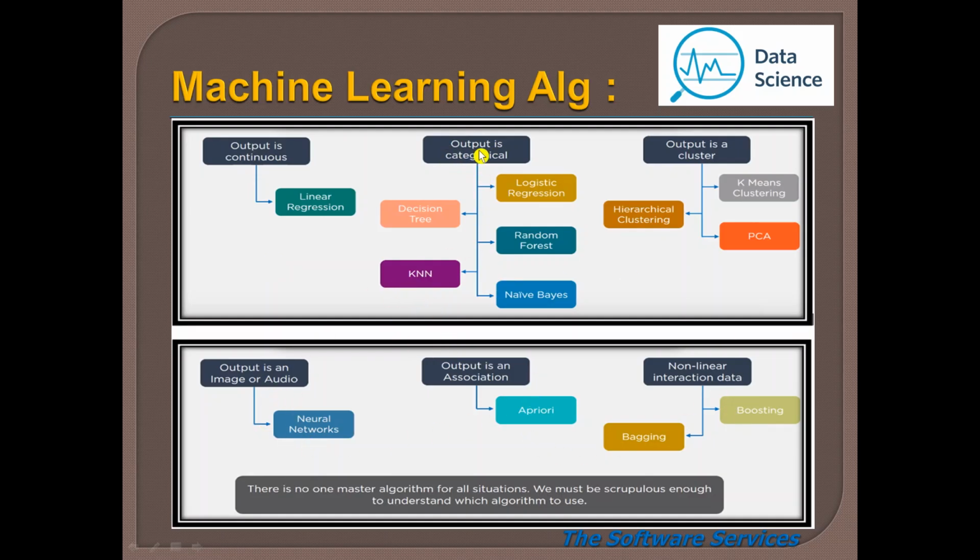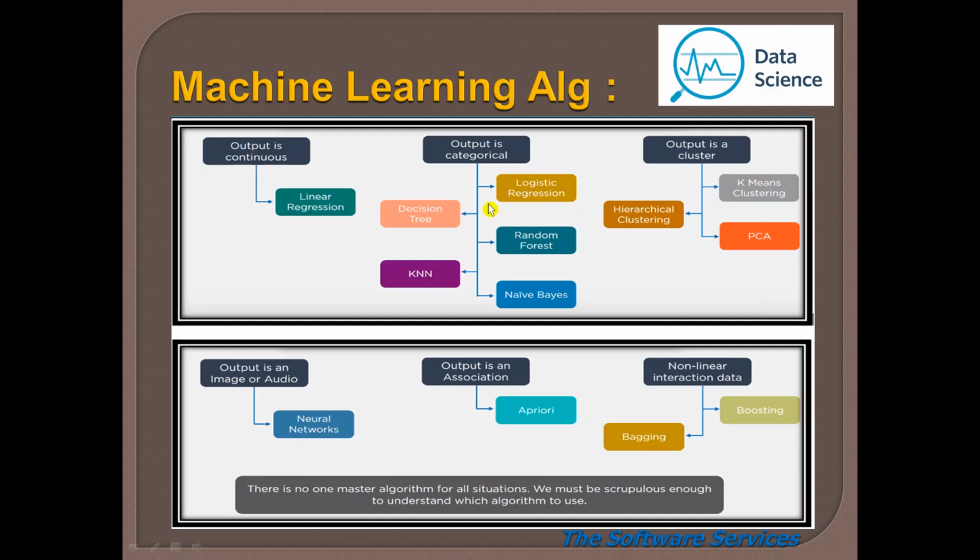In case it is categorical, there are so many: 1, 2, 3, 4, 5. These 5 algorithms will be used if you want to predict a categorical yes or no outcome, such as whether this patient will have the disease or not.